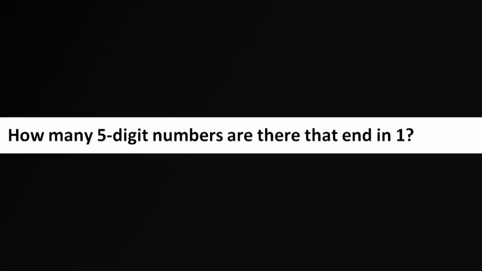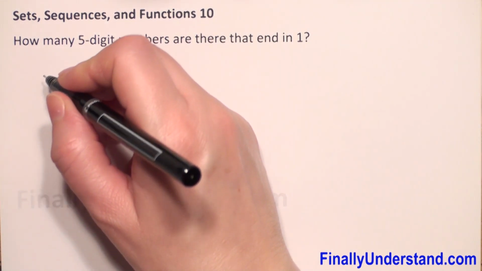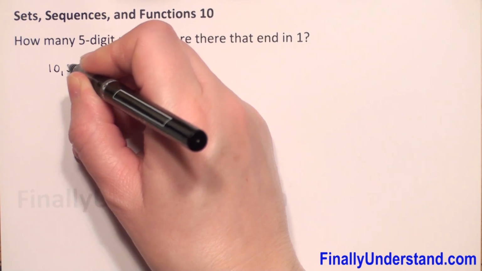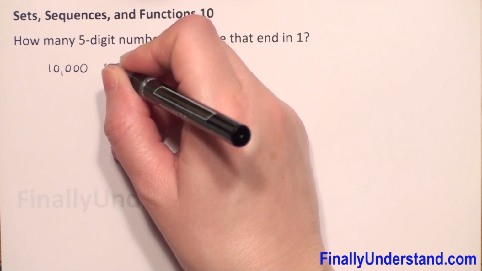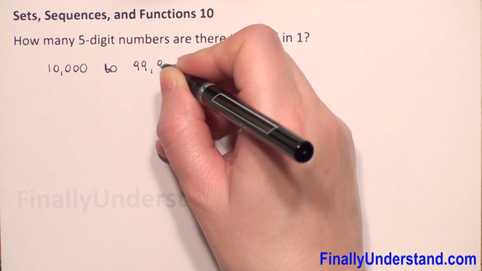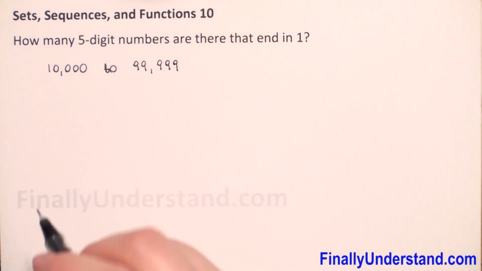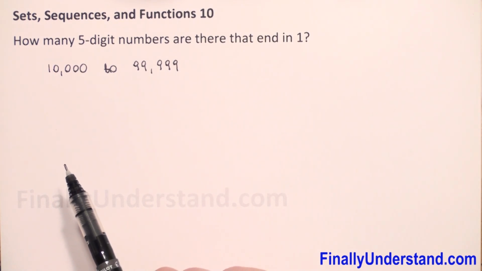We have to find how many 5-digit numbers end in 1. So first, 5-digit numbers start from 10,000 and the last 5-digit number is 99,999. So we have to find how many 5-digit numbers there are that end in 1.